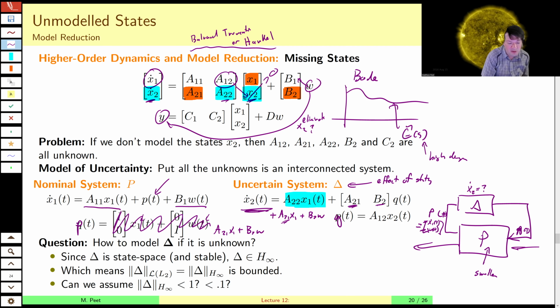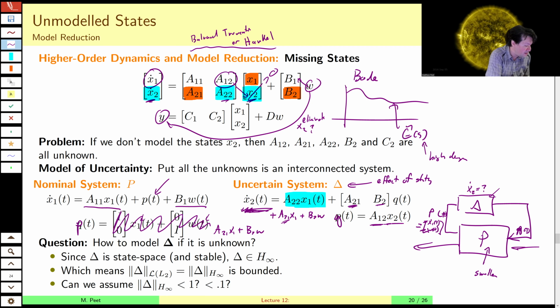Anyway, in either case, you get the same set of dynamics going out to this uncertain system. Then you have the dynamics of x2 that produces x2, obviously, and the output for that system is A12 multiplied by x2.